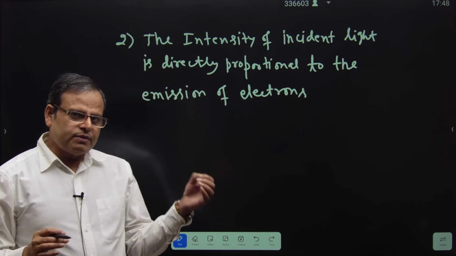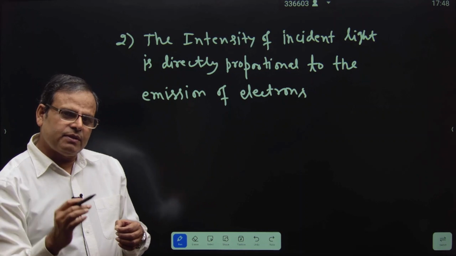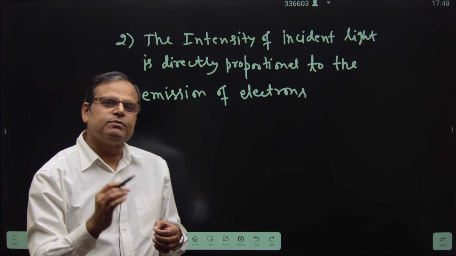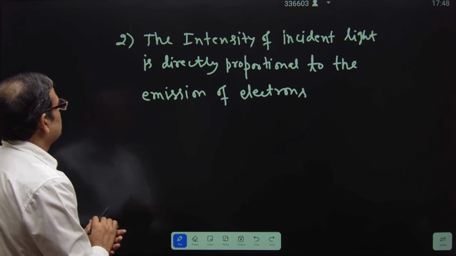Greater the intensity of incident light, greater will be the emission, means greater will be the photocurrent. Okay.